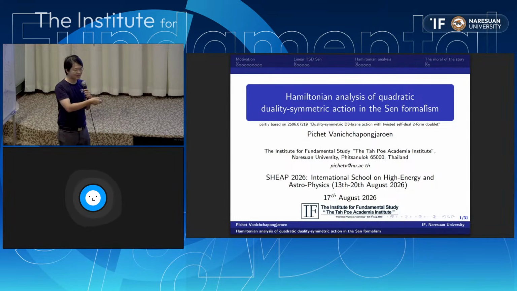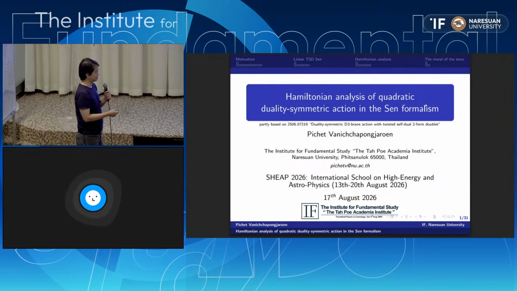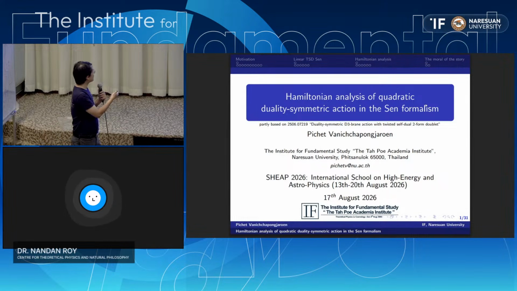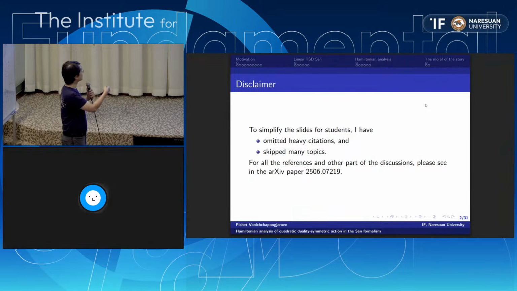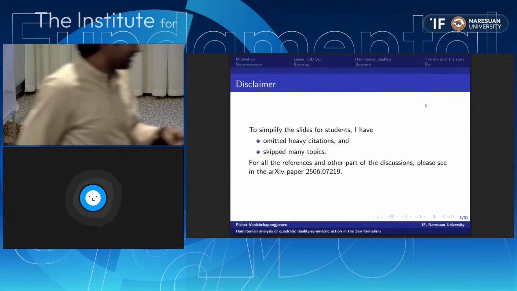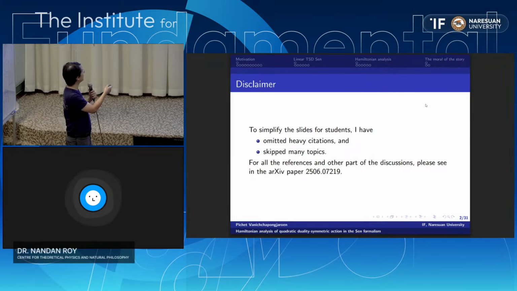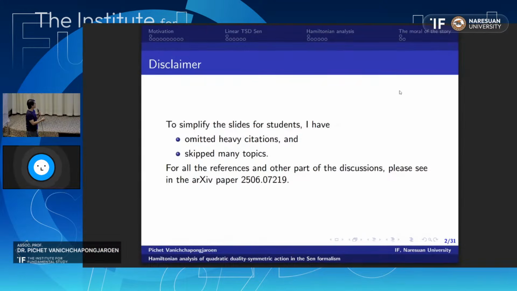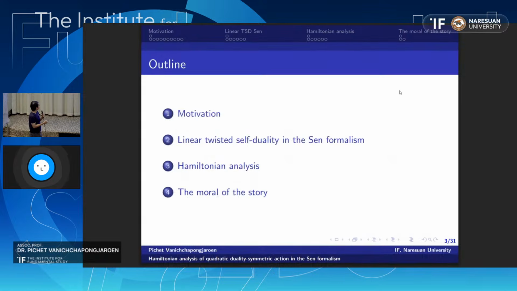In my work, I do nonlinear action and also extend to describe the brane, but we are not going to discuss them here. I have simplified from my paper, so there will be not many citations, or maybe none at all, and I have skipped many topics. But if you are interested, you can check my paper.